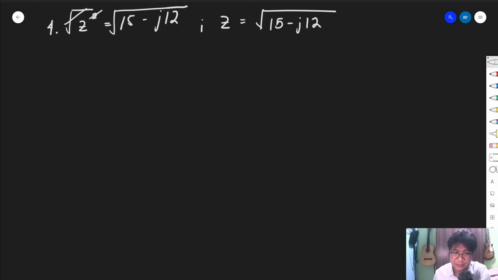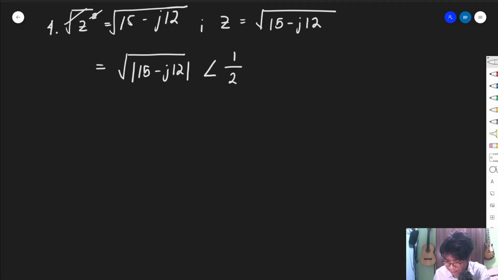So, since this is in the root form, gagamitin natin yung nth root, which is 2, no? So, hindi na natin ilalagay yung 2. Absolute value of 15 minus j12. So, wala na rin tayong m kasi 1 lang naman yon. So, hindi na natin sinusulat. Angle, 1/2, no? Kasi m is equal to 1, n is equal to 2.